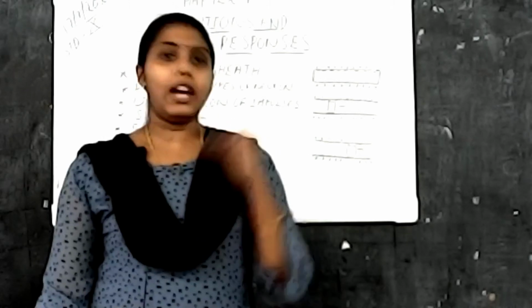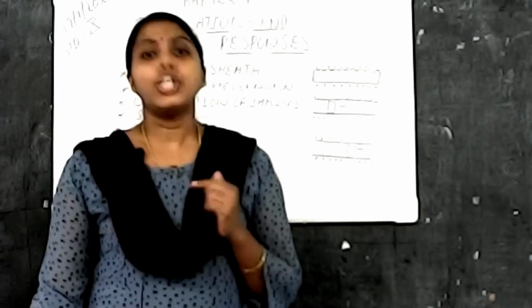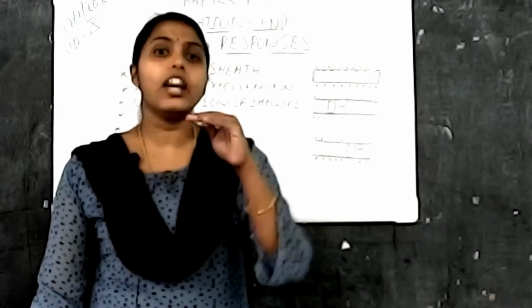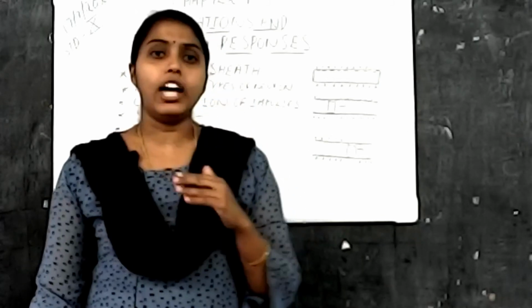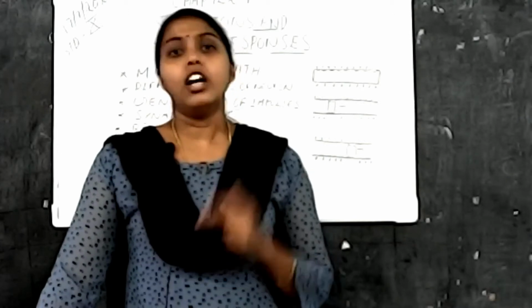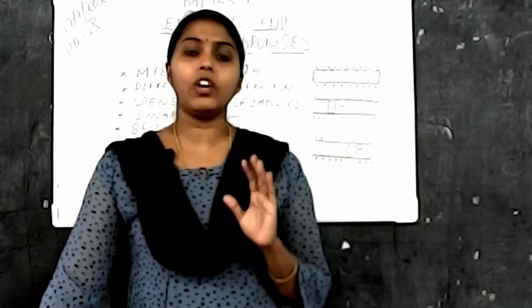That is, myelin sheath is formed by the repeated encircling of the Schwann cell. The Schwann cell is a lipid-containing layer, and it repeatedly encircles the axon to form the myelin. Okay, it's clear for you.